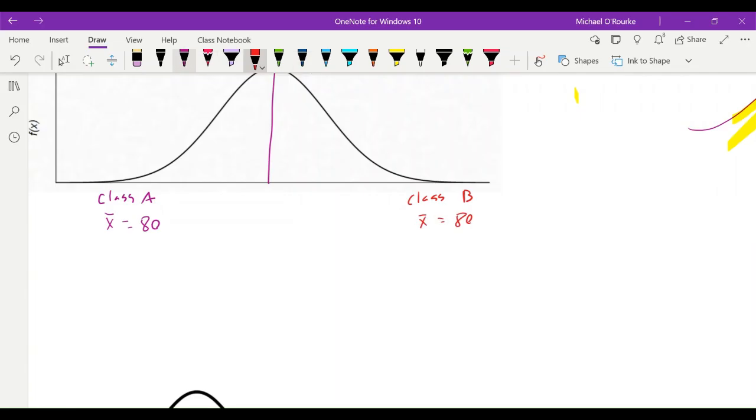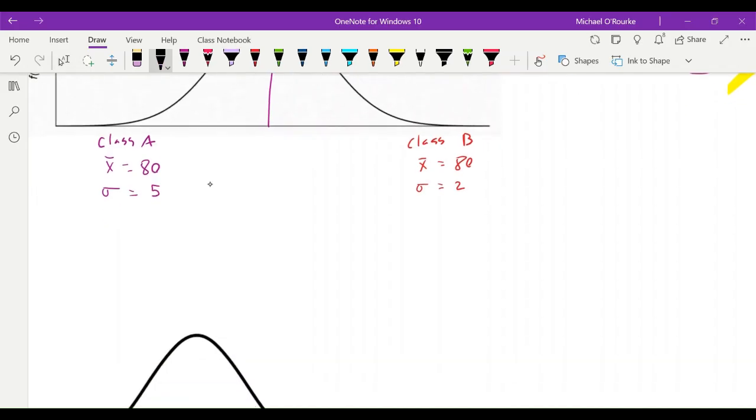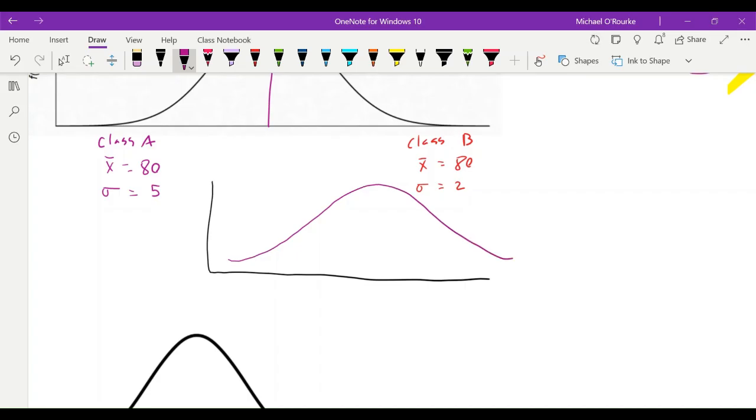But this first one has a standard deviation of, let's say, 5%, where this one has a standard deviation of 2%. So I'm going to put them on the same chart, if possible. Let's say my standard deviation of 5% looks like this. It's not going to be perfect, I know, but the standard deviation of 2% means the spread of the data is going to be closer together.